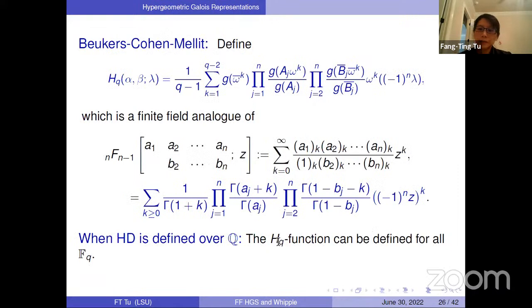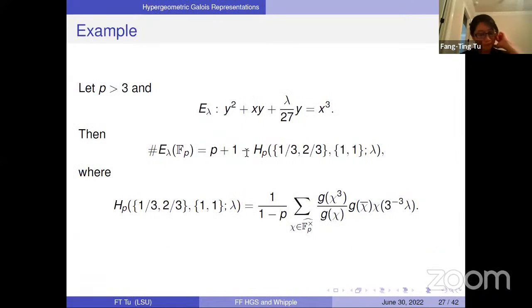For example, another example that I also mentioned in a previous talk: if we consider the elliptic curve corresponding to the hypergeometric data 1/3, 2/3, and 1/1, the trace of Frobenius of this elliptic curve can be given by these HP functions, which are defined in this way by applying the multiplication formula of the Gauss sums.